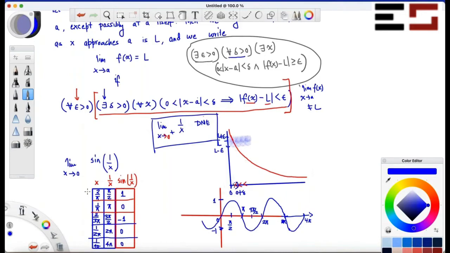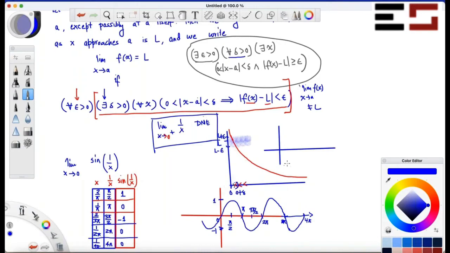And notice that the value of x here is falling, because it was 2 by pi earlier, then it became 1 by pi, then 2 by 3 pi, then 1 by 2 pi, then 1 by 4 pi, then 1 by 6 pi, 1 by 8 pi, and so on and so forth. So I'll just plot these x's.